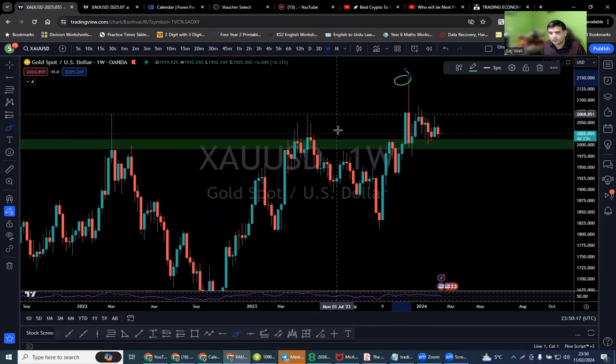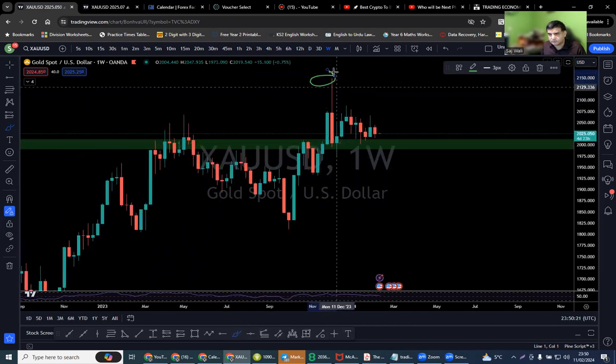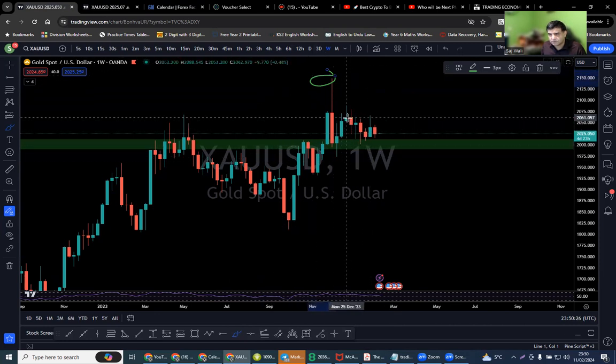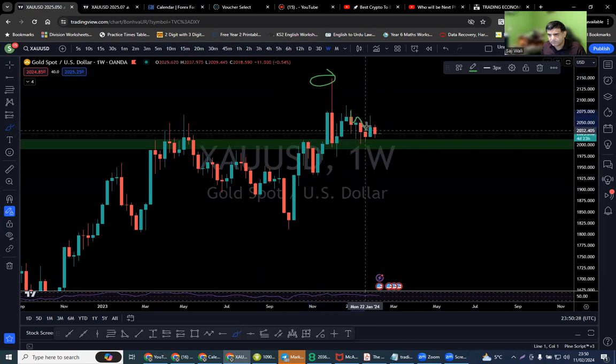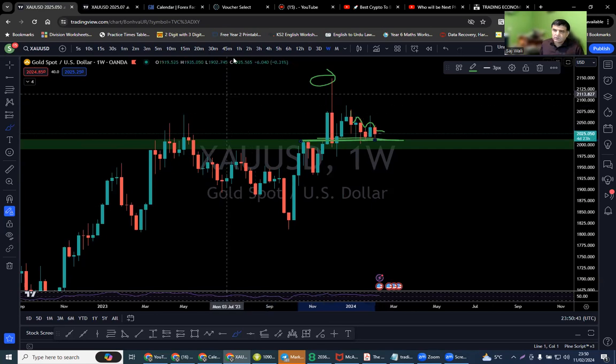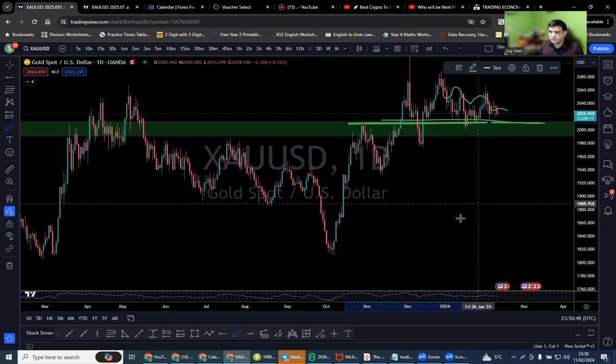Although it did break this level, and after that, taking all the liquidity, it's becoming bearish. And currently, it's standing at this level, which was broken initially to go to the upside. So that's the situation in weekly, and let's see what's happening in daily.